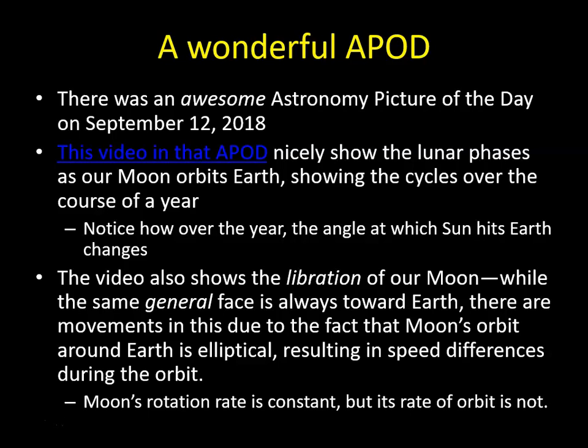It kind of appears to wobble because of our point of view, and the fact that we end up seeing it at slightly different angles because it's going around Earth at slightly different speeds depending on where it is in its orbit. So let me show you that video now.